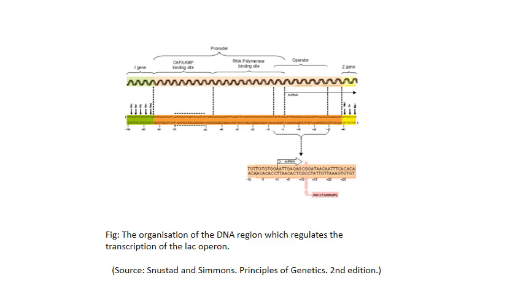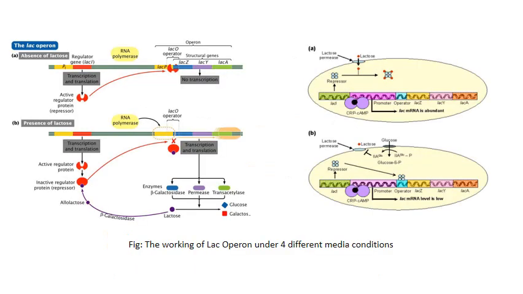The binding site for the repressor is the operator, while that for the activator is called the CAP binding site. The repressor protein is encoded by the regulatory gene LacI, which is not a part of the lac operon. It happens to lie adjacent to the lac operon, as you can see in this slide.